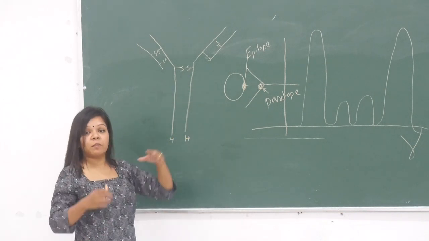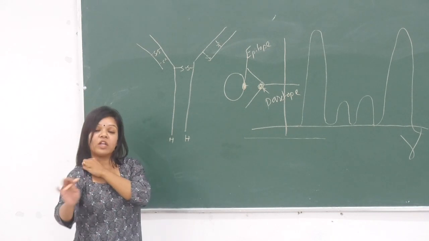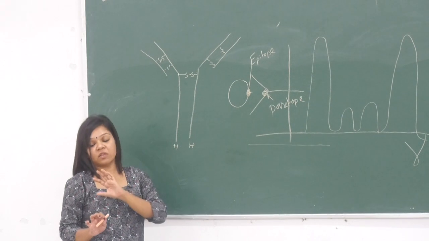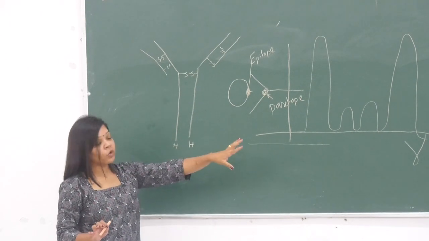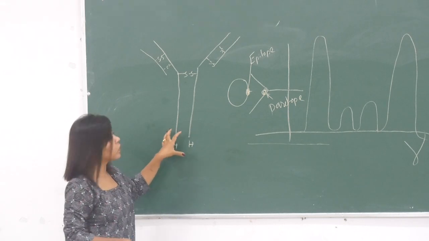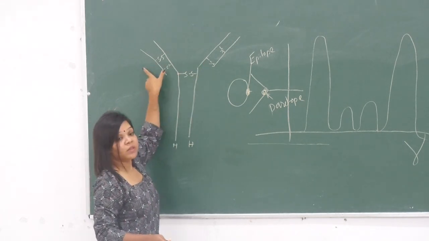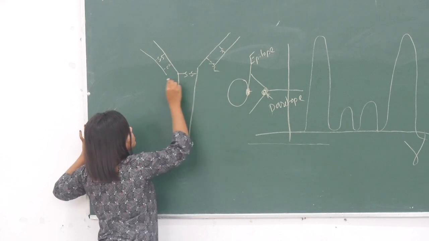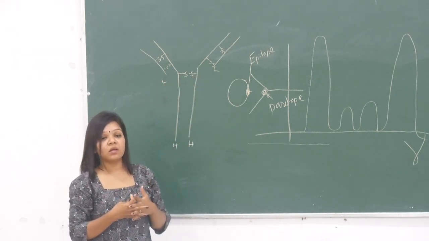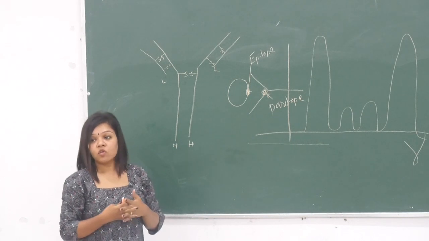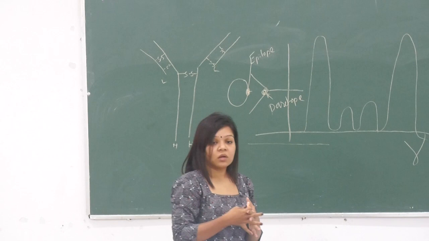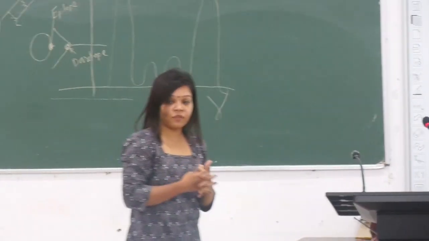Two heavy chains are bound by disulfide bond. Whatever point I am telling you, that much if you write, it's enough for you. I'm not going slide by slide. And this is the light chain, this is the light chain. Both the light chains are also bound by disulfide bond. So the antibody structure holds together by disulfide bond.